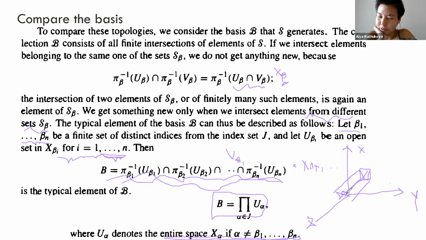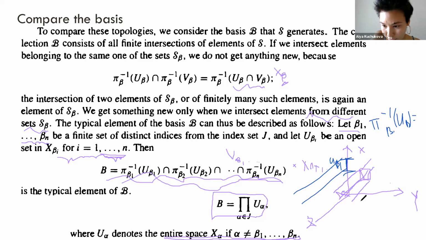Wait, I think it's not a block though. I think it's kind of a space more, because if you, for example, have, let me try doing that. So I think, for example, your U beta 1 can be this. And then what you're trying to say is that the inverse projection of U beta 1 is just everything that gives you U beta 1 in this coordinate, but then you don't have any restrictions on the others.